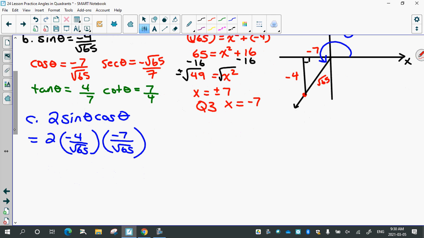If you want, you can pretend the denominator of 2 is 1. When you multiply fractions, that's the easy one. You multiply all the tops together and all the bottoms together. So you'll get 56 over 65, because root 65 times root 65 is 65.